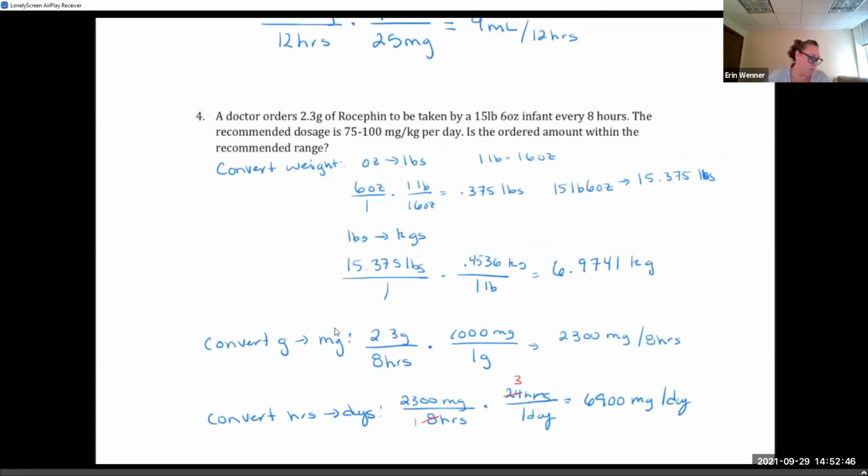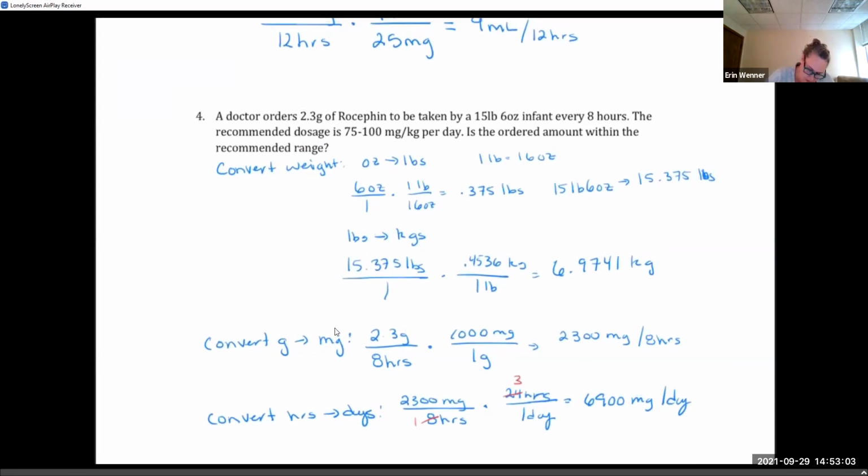So the last part says, is the ordered amount within the recommended dosage? So remember, the recommended dosage is we're taking our milligrams per kilograms. I used up a lot of my space here.